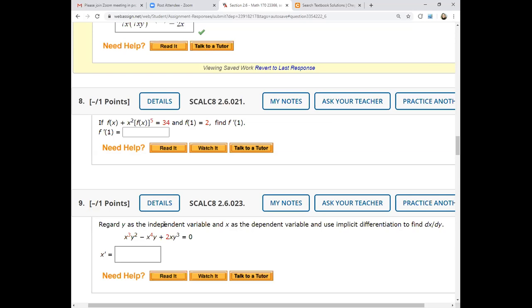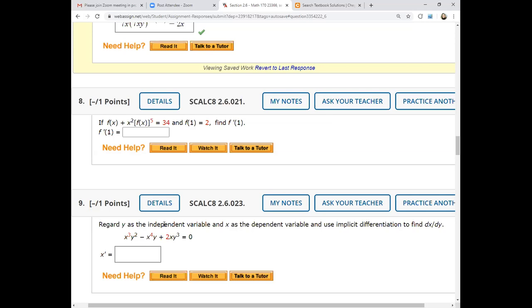But I'm going to clean it up first. So I'm going to say f prime of 1 plus, I'm going to clean it up as much as I can. 2 times 1 is 2. F of 1, they give us, is 2. So I have 2 times 2 to the 5th plus 5 times f of 1 to the 4th.